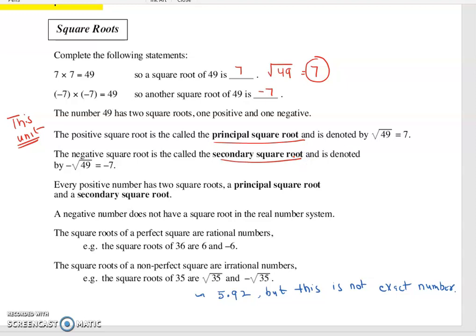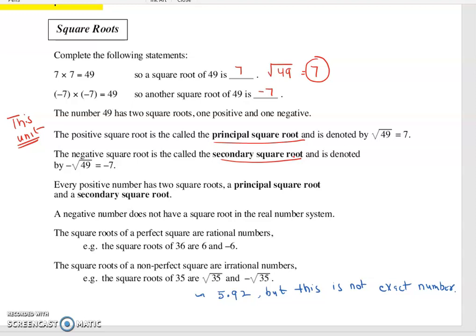For this unit, because we will learn to do a few things with these radicals, to keep it simple and not make it confusing, we will always be using the positive answers for a square root. Again, I'm going to repeat, only for a square root. This is the only time where you can have 2 possible answers.